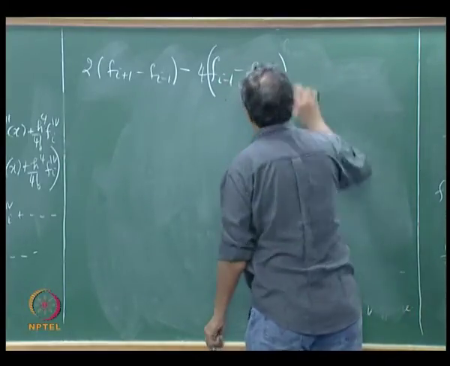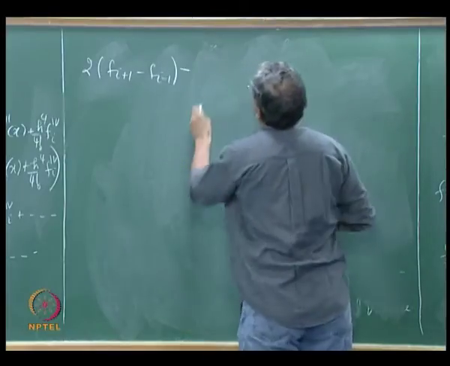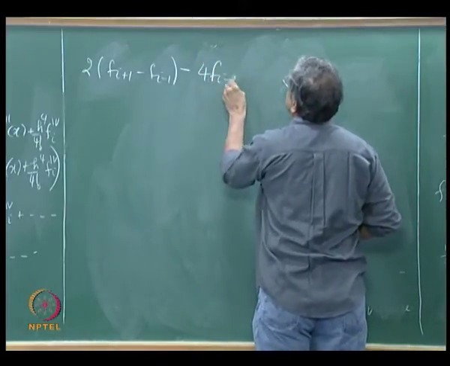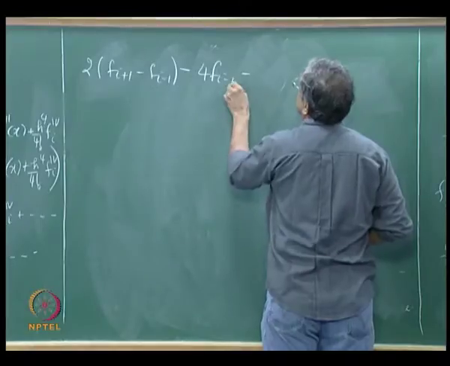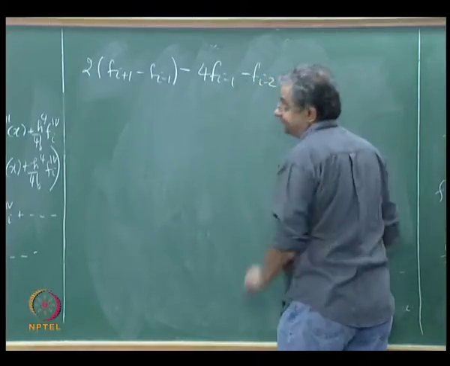Oops, I made a mistake, I have to be a bit careful here: 4 times f(i-1) minus f(i-2).